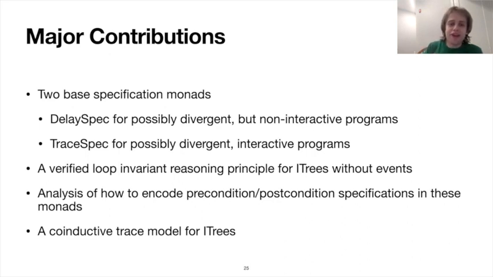We introduce a verified loop invariant reasoning principle for I-trees without events. We analyze how to encode a lot of precondition, postcondition-like specifications in these monads. And we also introduce the I-trace model, which is a coinductive trace model for I-trees.